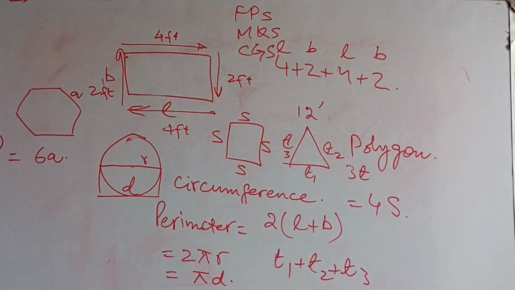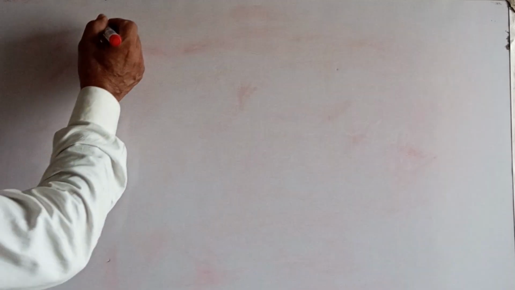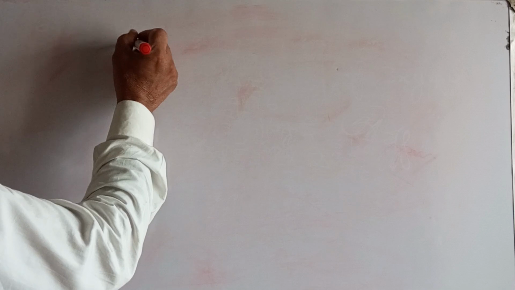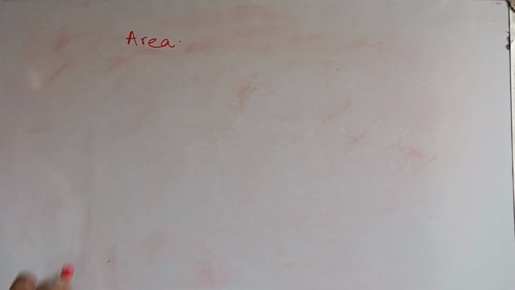Now, what about the area? My dear students, as I told you about the perimeter, it is the outline, the boundary of any figure, any land, or any geometrical figure, whatsoever it is. But what is an area? We have already stated the perimeter. Now, what is area? Take the same board.